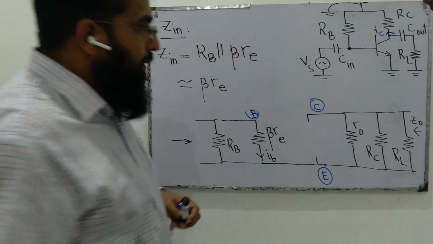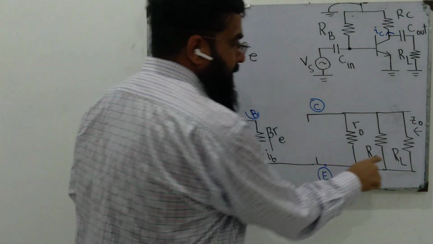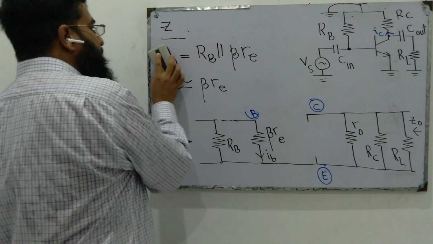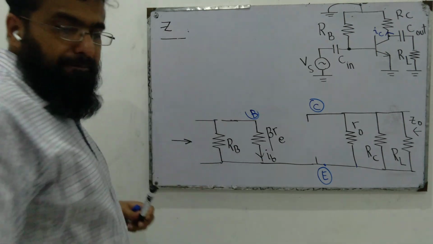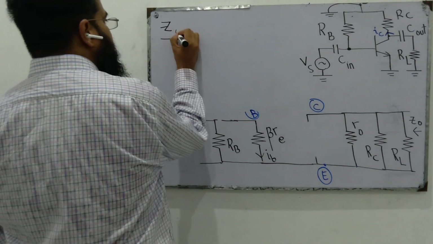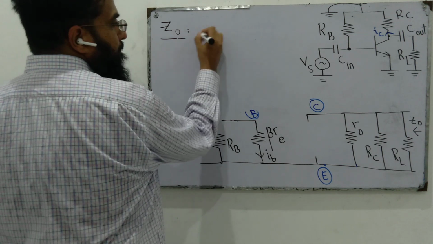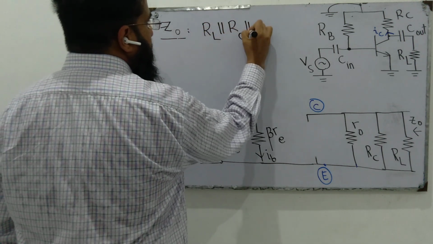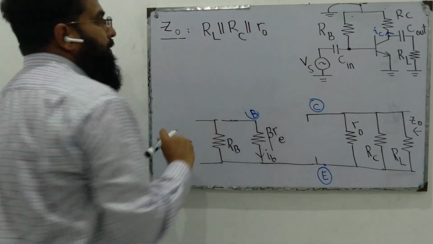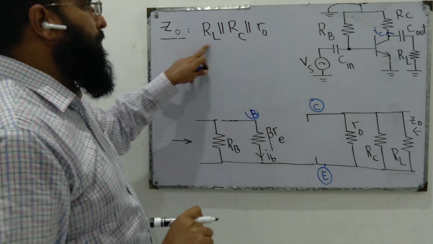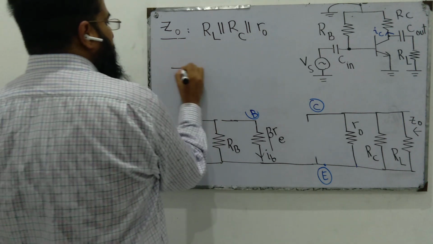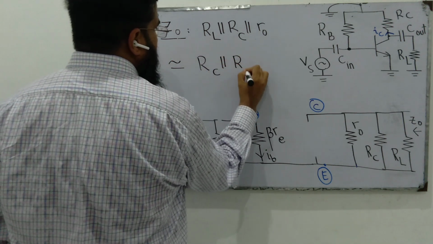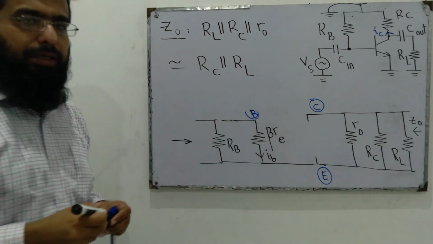Now if we see from the output side, we see three resistors in parallel: RL in parallel with RC in parallel with R0. Since R0 is very large compared to their parallel combination, it is approximately equal to RC in parallel with RL.